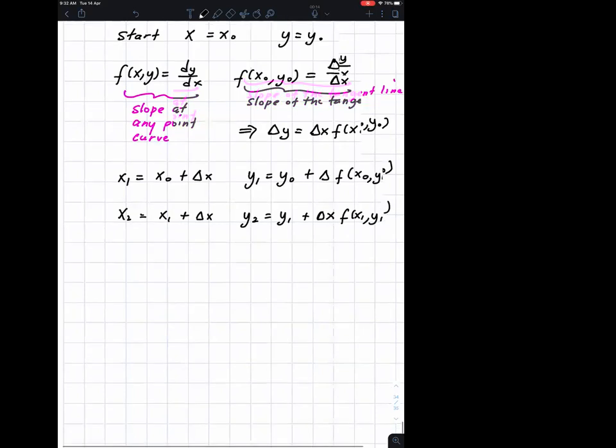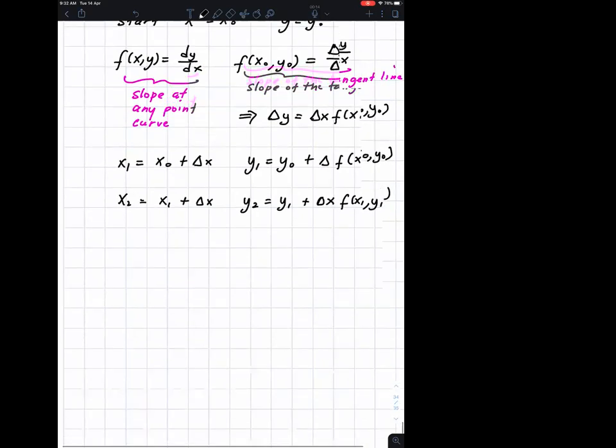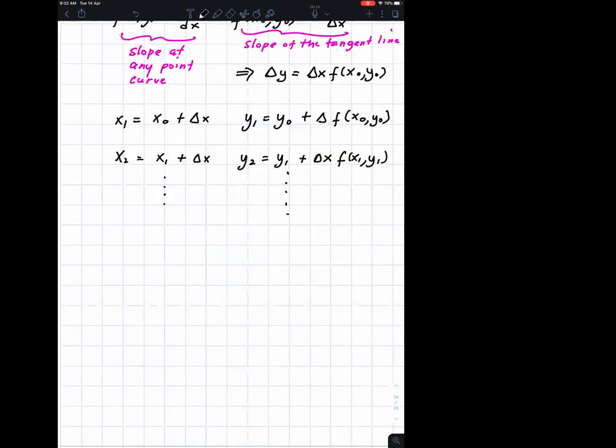Okay, this is how the formulas work. If you continue to do this, you'll develop a general formula. x of n, the next point, is equal to the previous point plus delta x.